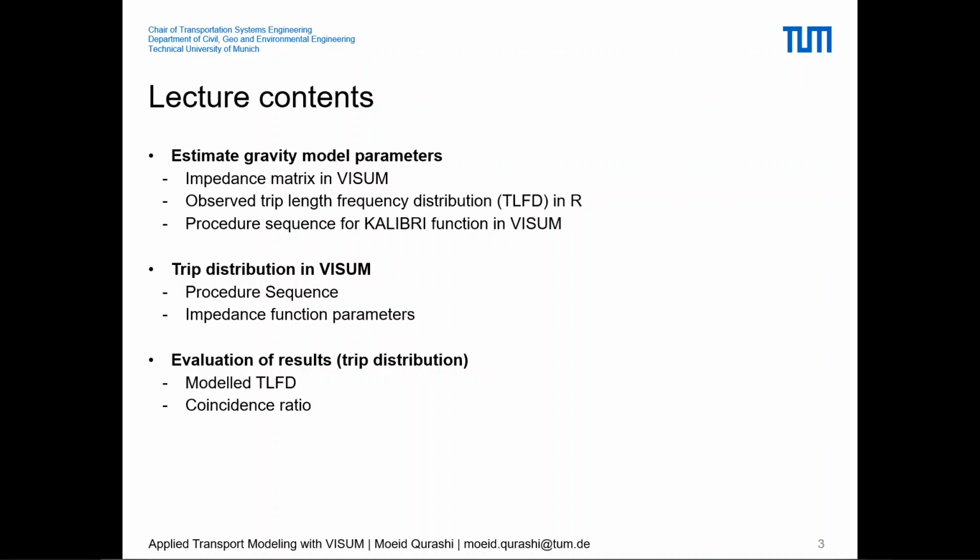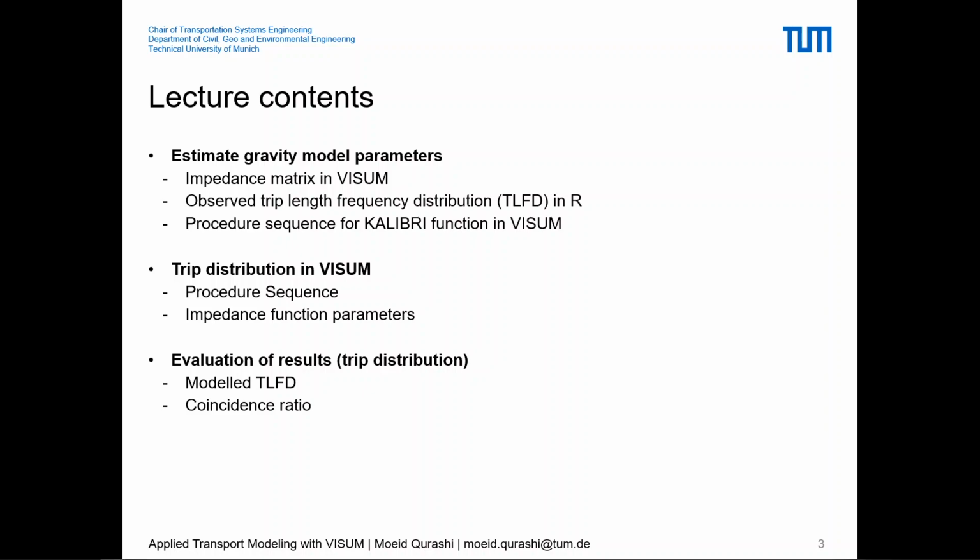In this procedure sequence we will calibrate our gravity model parameters using the TLFD from R and the impedance matrix. Once we have the gravity model parameters, we'll use the procedure sequence to perform the trip distribution step, giving as input the impedance matrix plus the gravity model parameters. The output of this trip distribution will be an OD matrix.